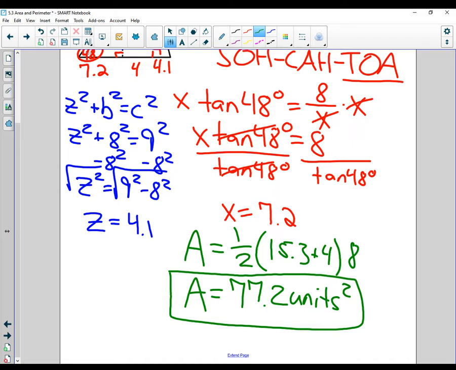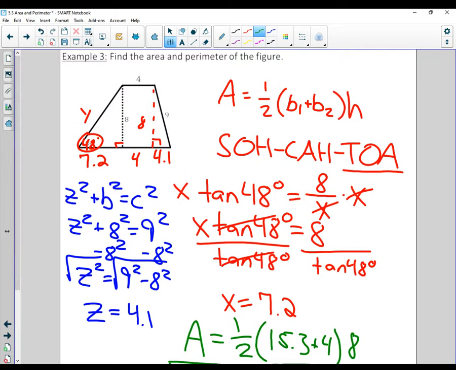Okay, that was the area. What about the perimeter? The perimeter, really the only one we're missing now is y. How can I find y?